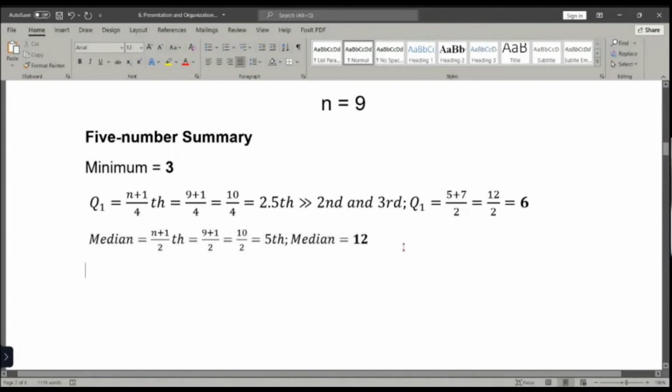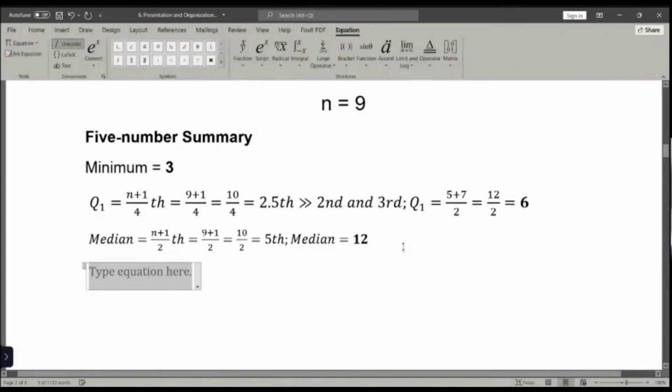Okay, next. We have the third quartile. So formula ulit. The formula is given by 3 times n plus 1 over 4.